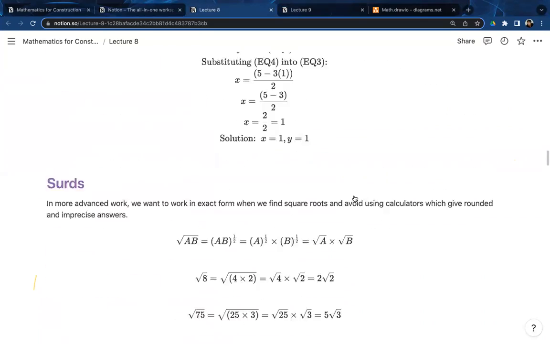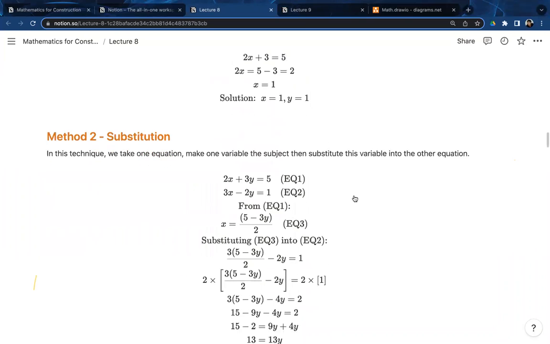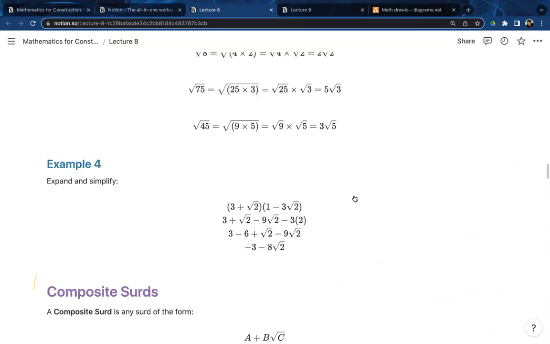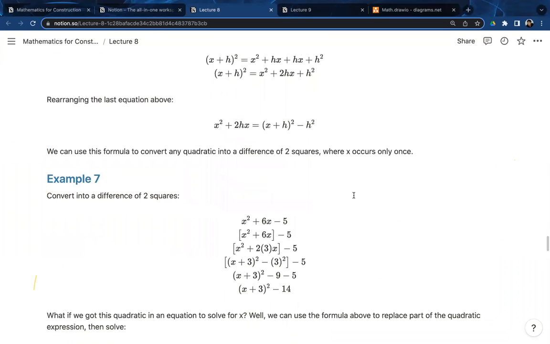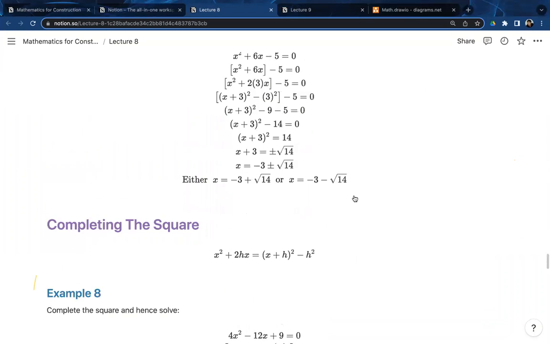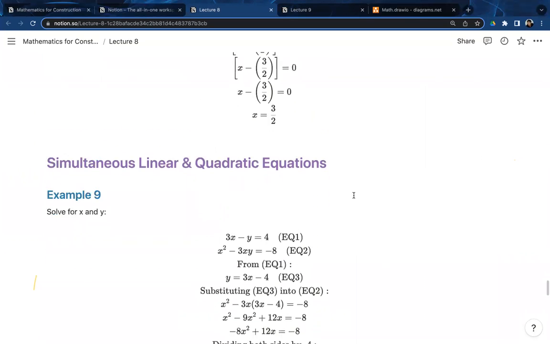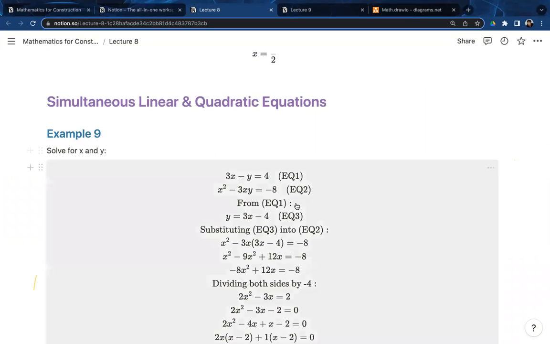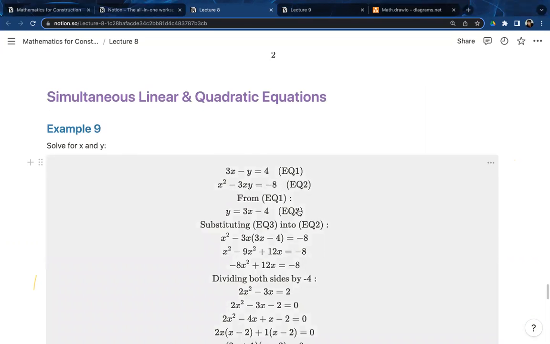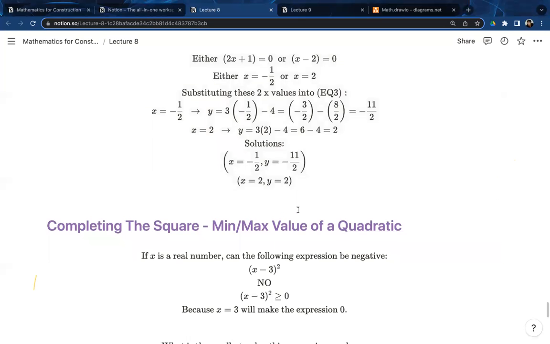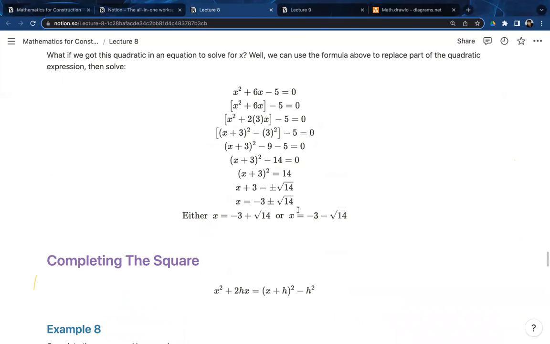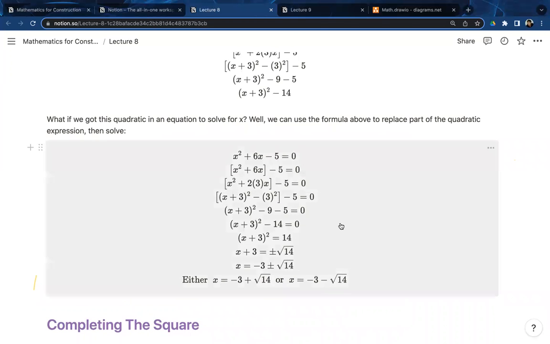Where is it? Right, simultaneous, linear, and quadratic. So we know how to do when a curve intersects a line. We may have to complete the square though, because it may not be able to factorize, right?